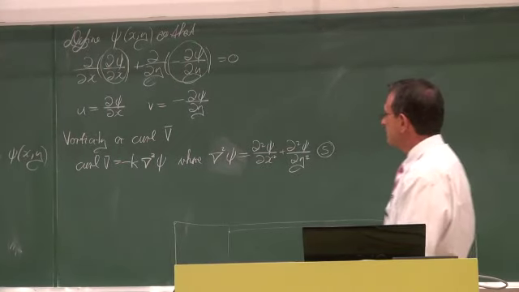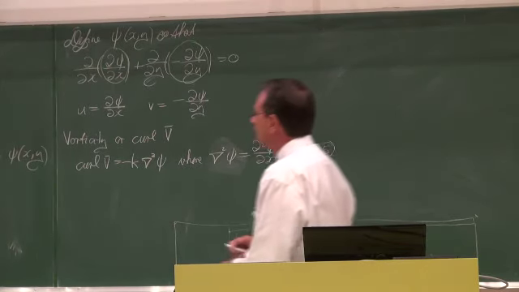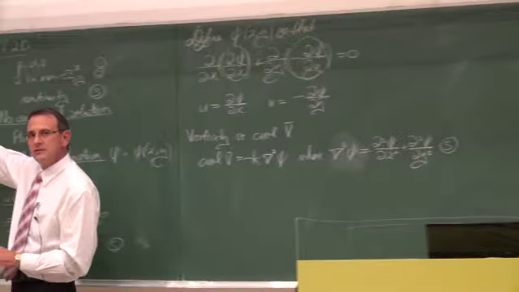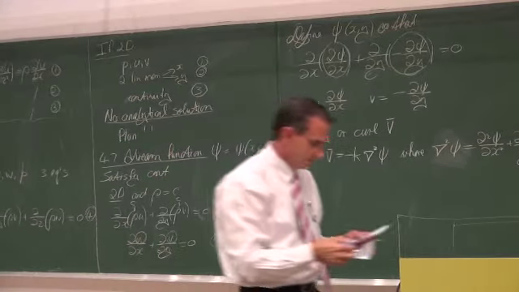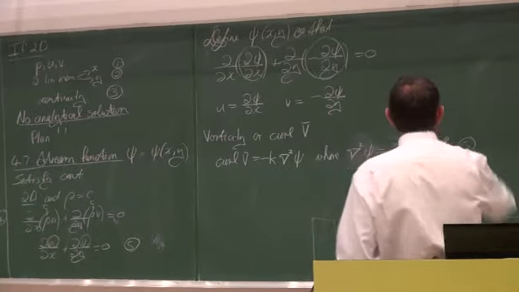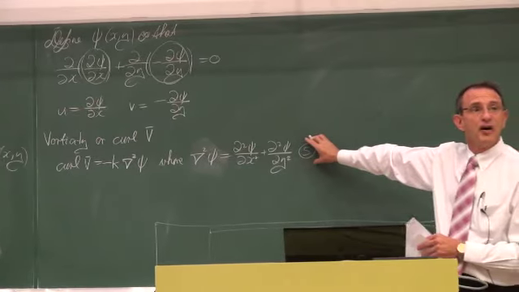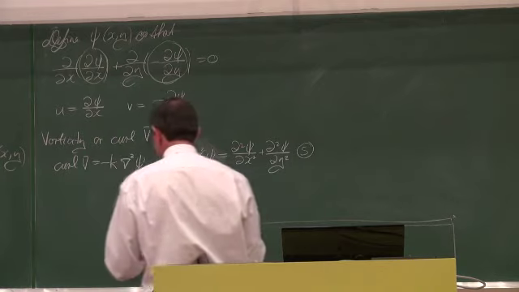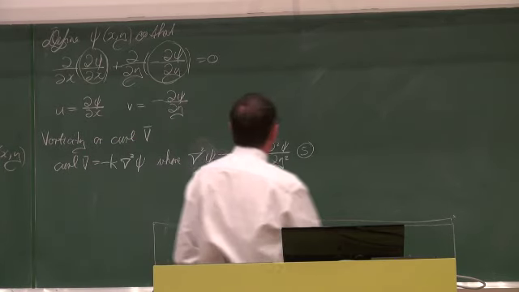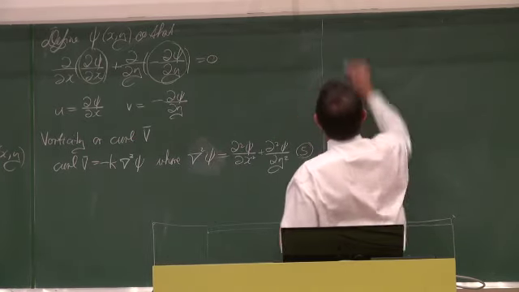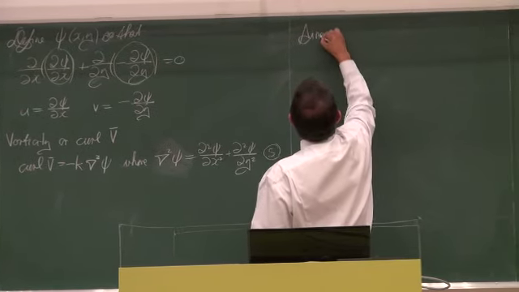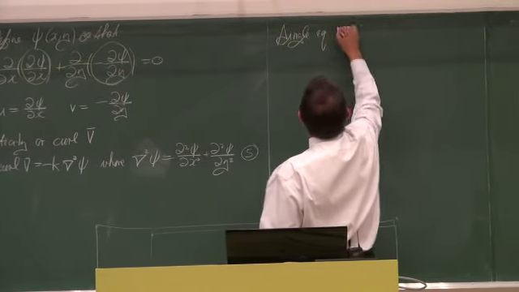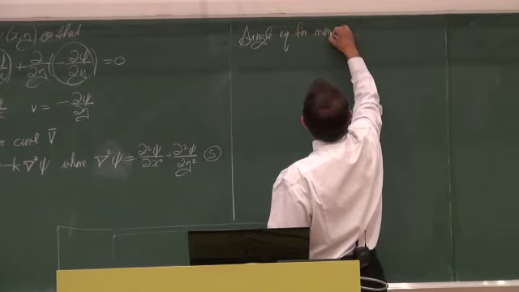What we now do is, we take the curl of the momentum equation, and we make use of equation 5, and we can then obtain a single equation for the momentum equation.